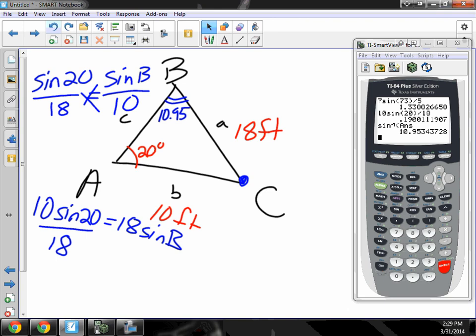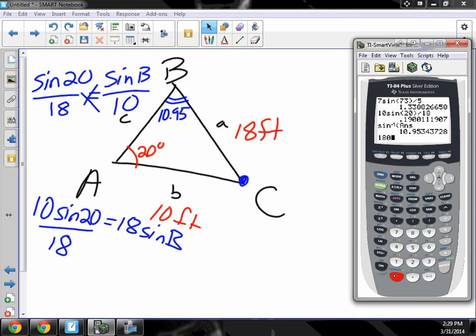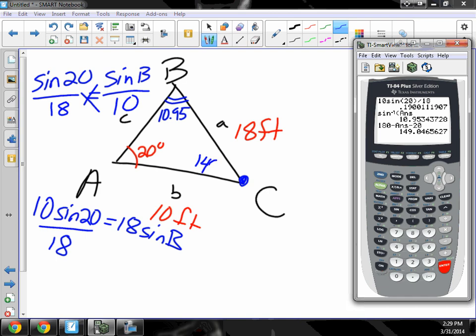Okay, so now we need to find angle C. So 180 minus the answer minus 20. So C is 149.04. So now I need to calculate little c.